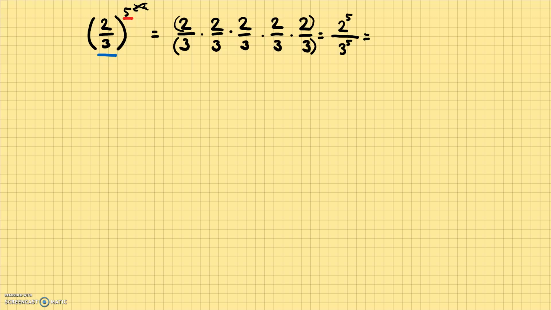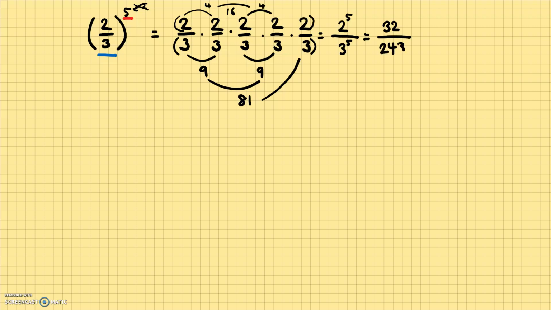So now 2 to the 5th power, that is 4 right there. That is another 4. And 4 times 4 is 16. Times 2 is 32. And then you can do the same thing to the bottom here. That is 9. 9 times 9 is 81. Times 3, 243.